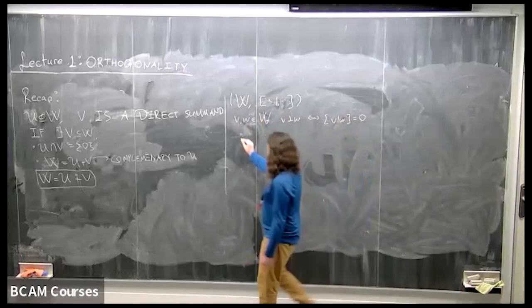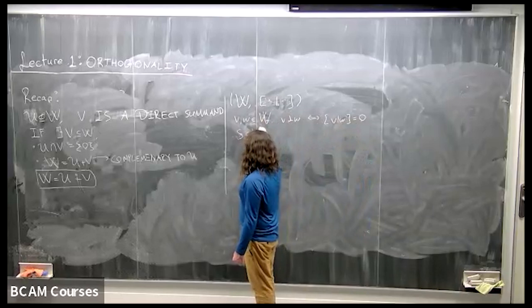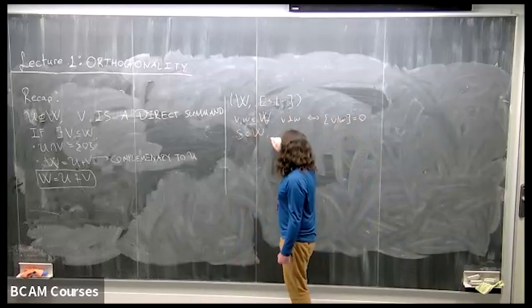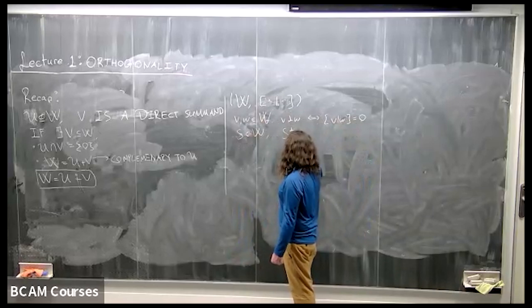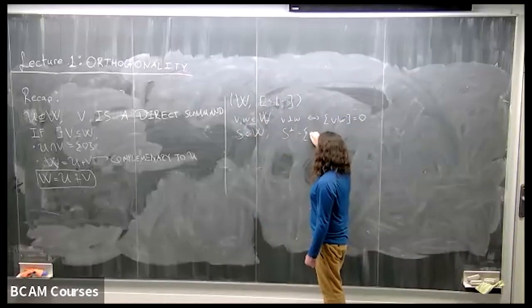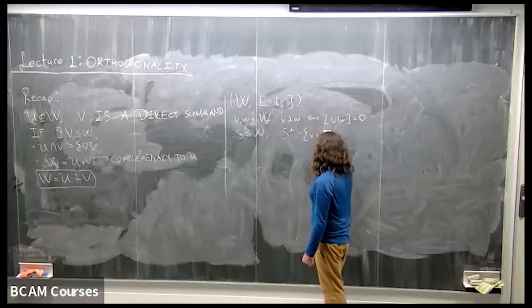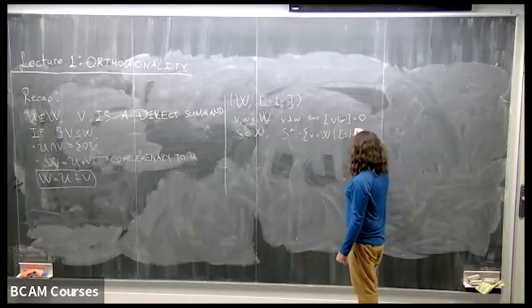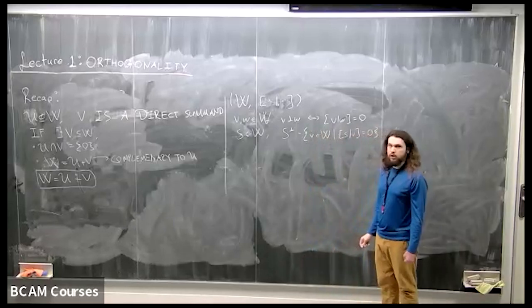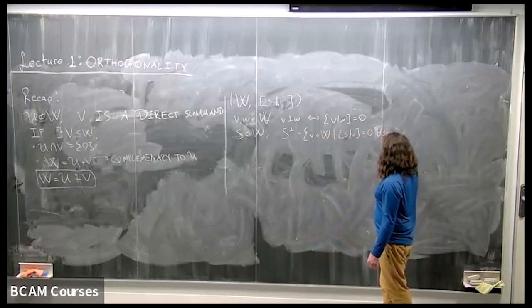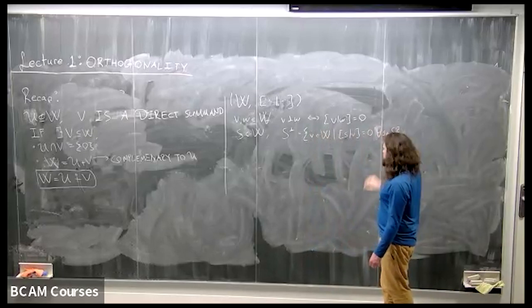If I give you some subset S of vectors, which is not necessarily a subspace, we define the orthogonal complement as the set of all V in W such that V and S have vanishing inner product, for all S in S.